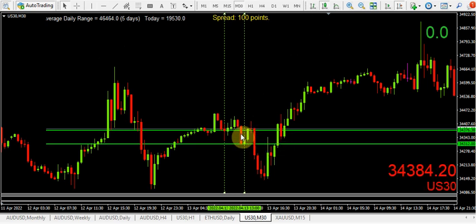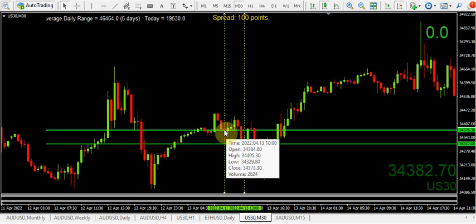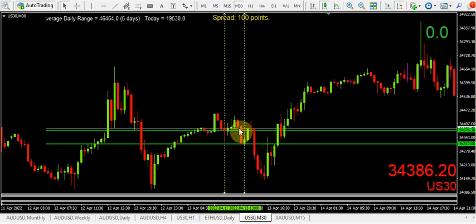Ideally what I want to see is a tiny little candle just closing below this precise level here, the flip zone area. If you want to use the close and the open, remember you do get gaps, so always use the lowest level, as it were. If that was a couple of pips below that green line, I would consider that a potential trading opportunity.